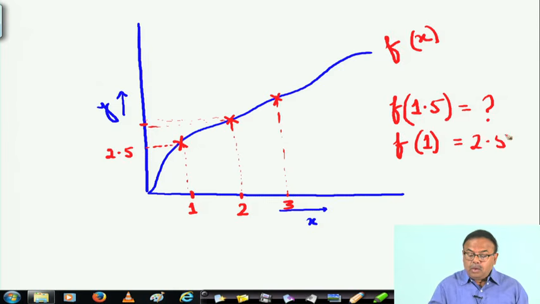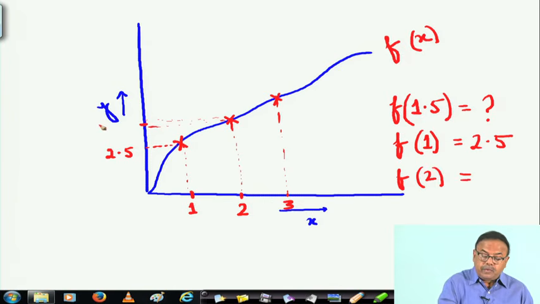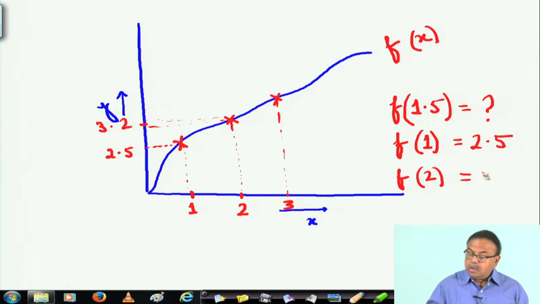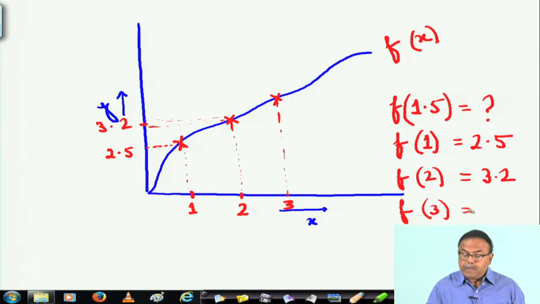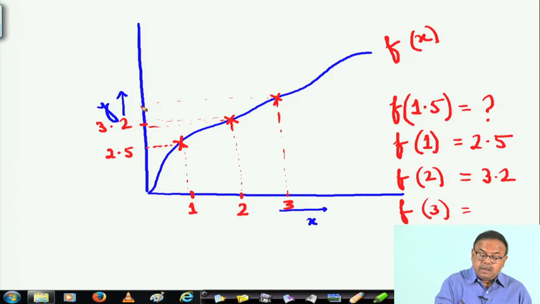although I know that f of 1 is say 2.5. I know f of 2 to be maybe 3.2, f of 3 may be something like 4.